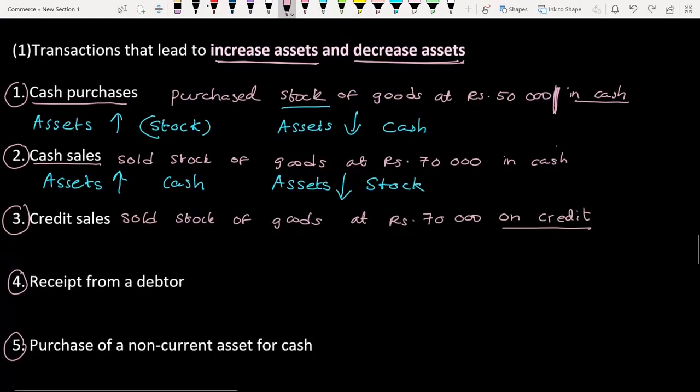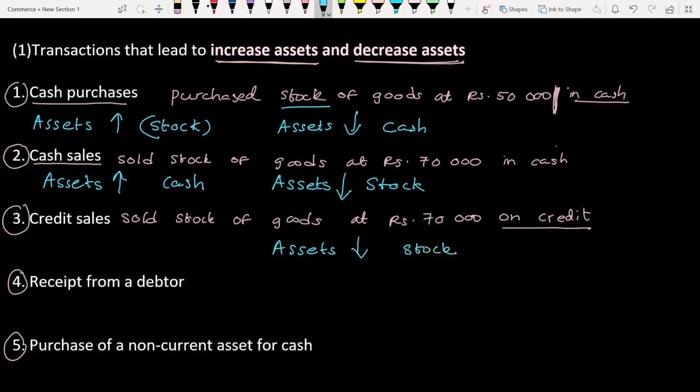Now, what will happen when there is a credit sale? When a business sells on credit, the stock will reduce. So assets will decrease because of stock.